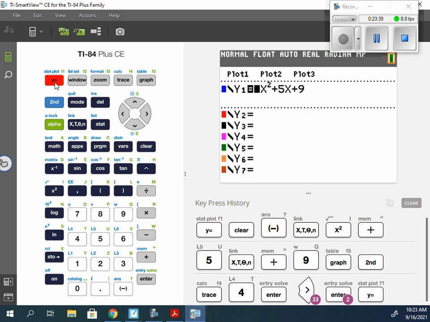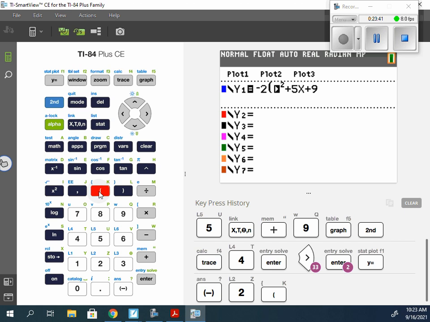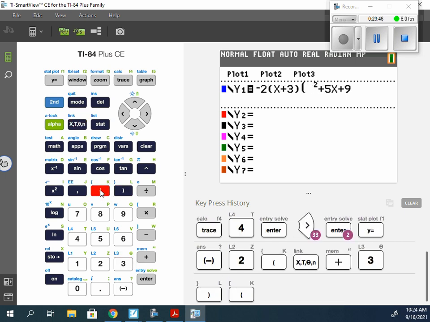Now if we pull the graphing calculator up, y equals negative 2, parentheses, x plus 3, close parentheses, open parentheses, x minus 1.